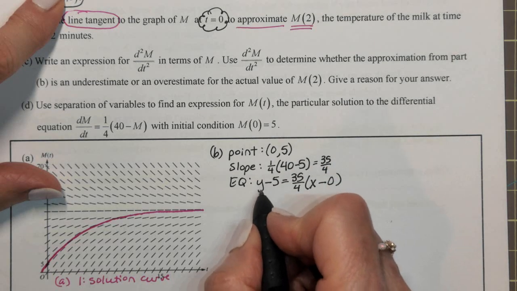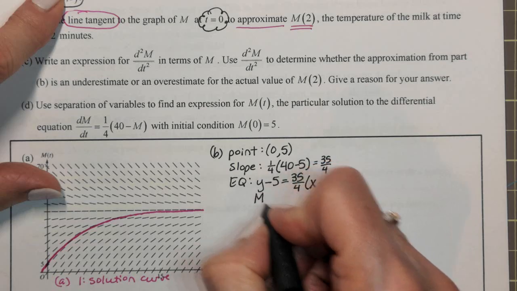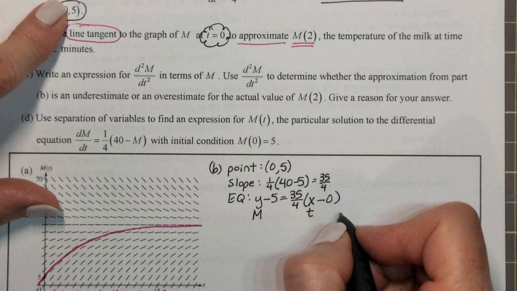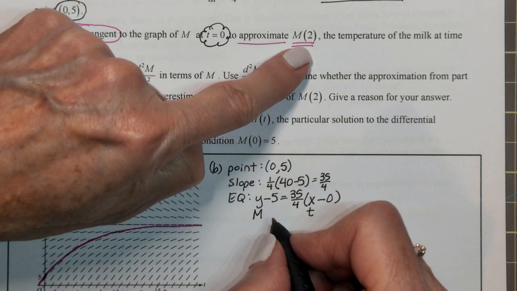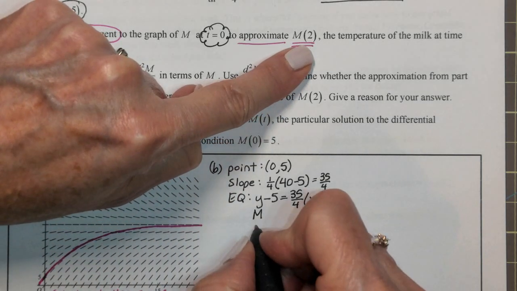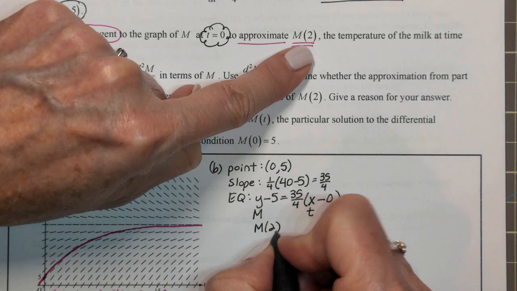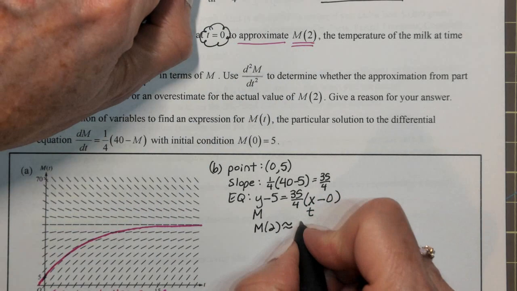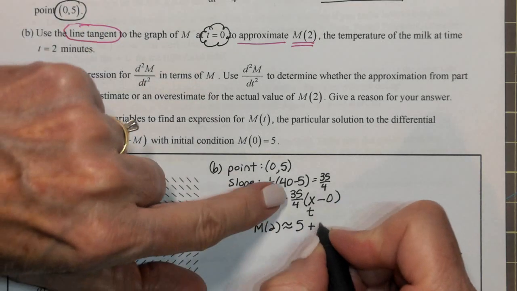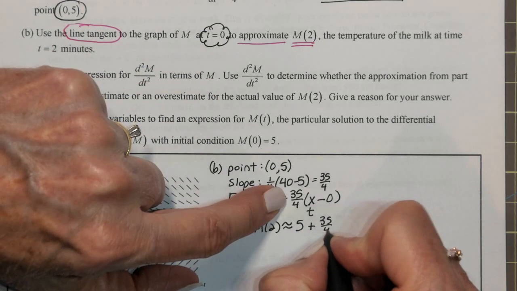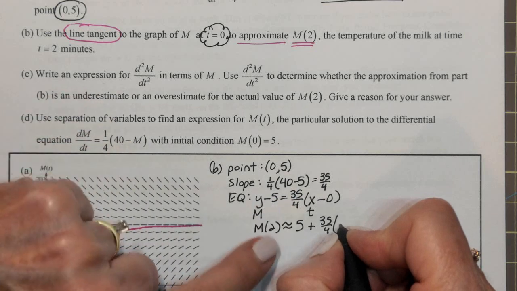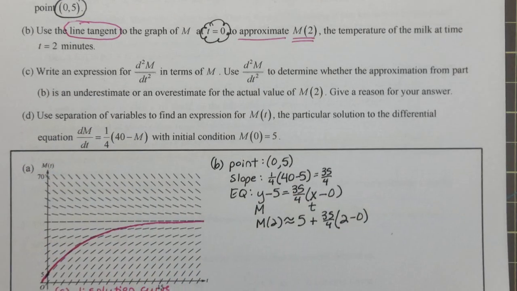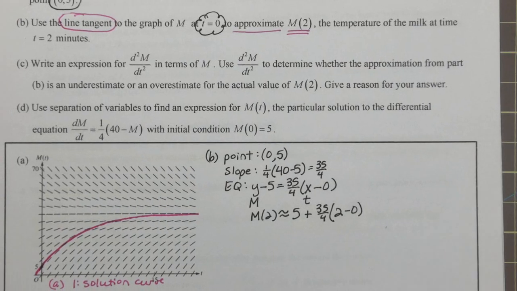But y is going in place of M. X is our t, right? We want to use this to approximate M of 2. So M of 2 is approximately equal to, I'm taking the 5 to the other side, 35/4 times 2 minus 0. Stop. We're done with part B.